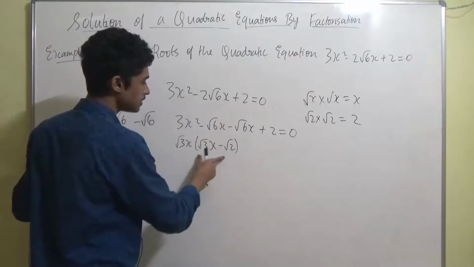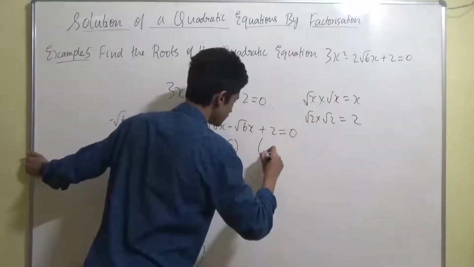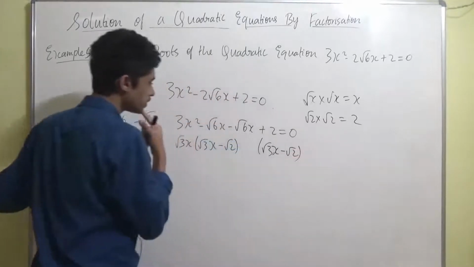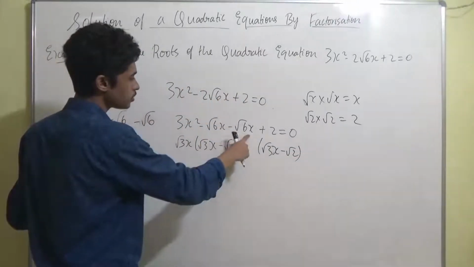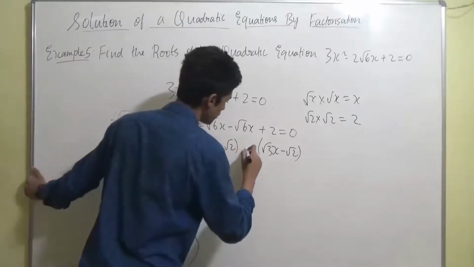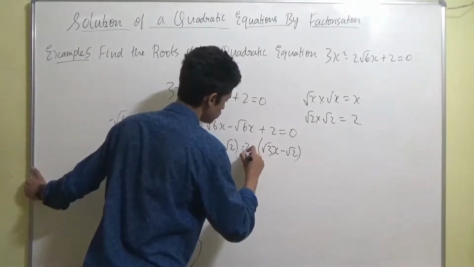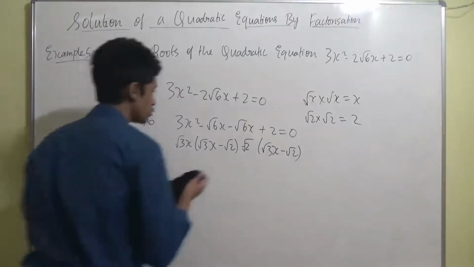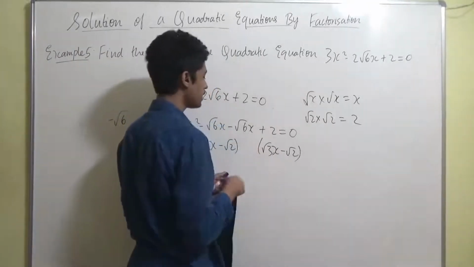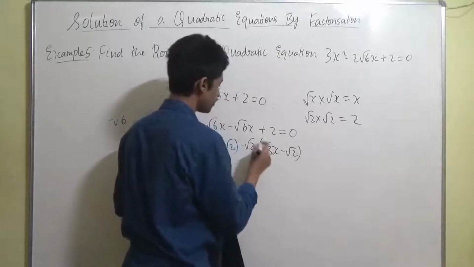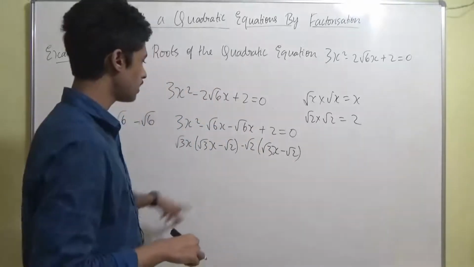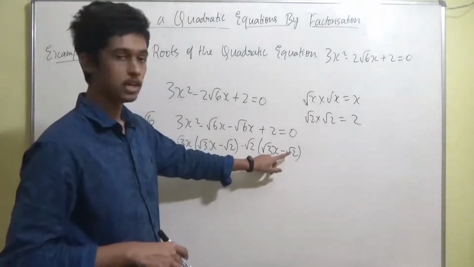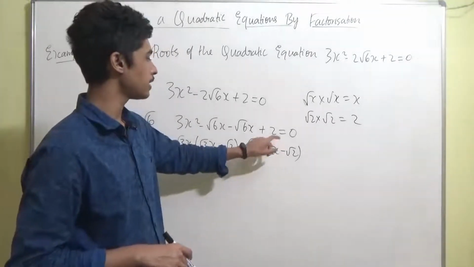So as it is, you are going to copy paste this term here, without even thinking. Now you have to see which term, if you multiply, you're going to get minus root 6x. So if you multiply minus root 2, getting it? If you multiply minus root 2 into root 3x, you're going to get minus root 6x. And when you multiply minus root 2 into minus root 2, minus minus becomes plus, root 2 into root 2 becomes 2, and you'll get this number.